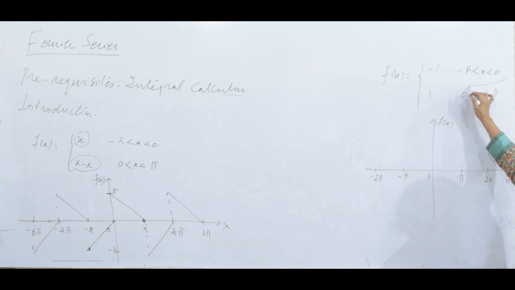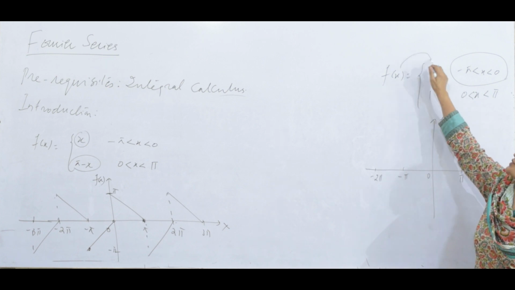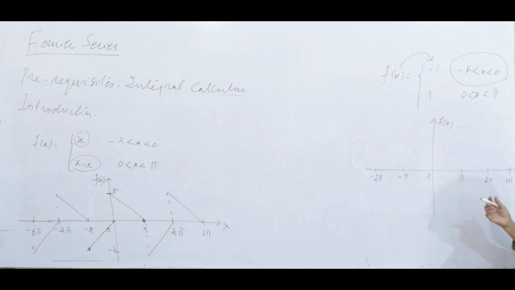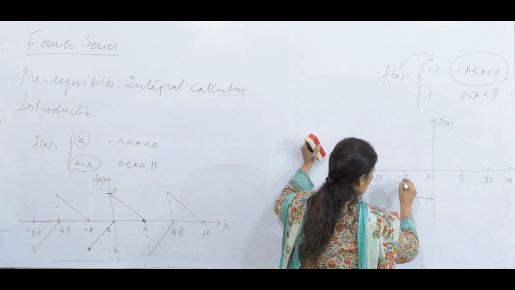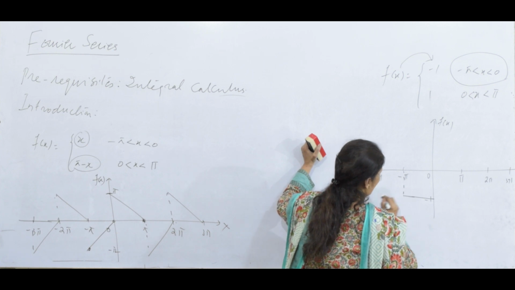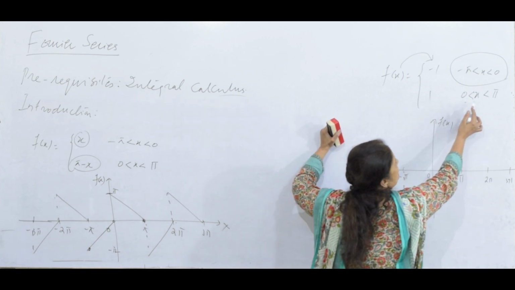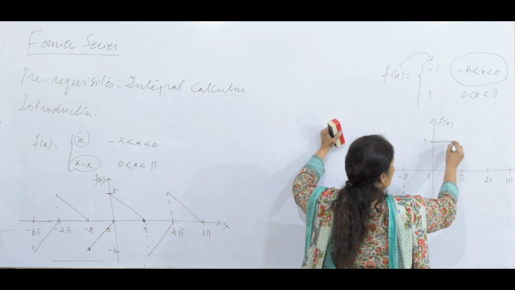Now when x lies between minus pi to 0, the value of the function is minus 1, which is constant. Let me have minus 1 there. So constant function means this will be a straight line. When x lies between 0 to pi, it is 1, this is going to be 1.